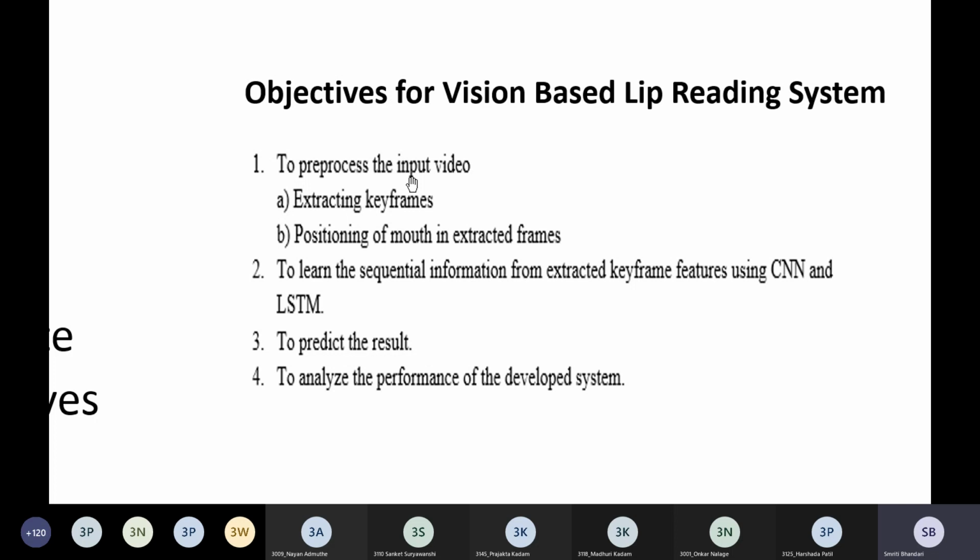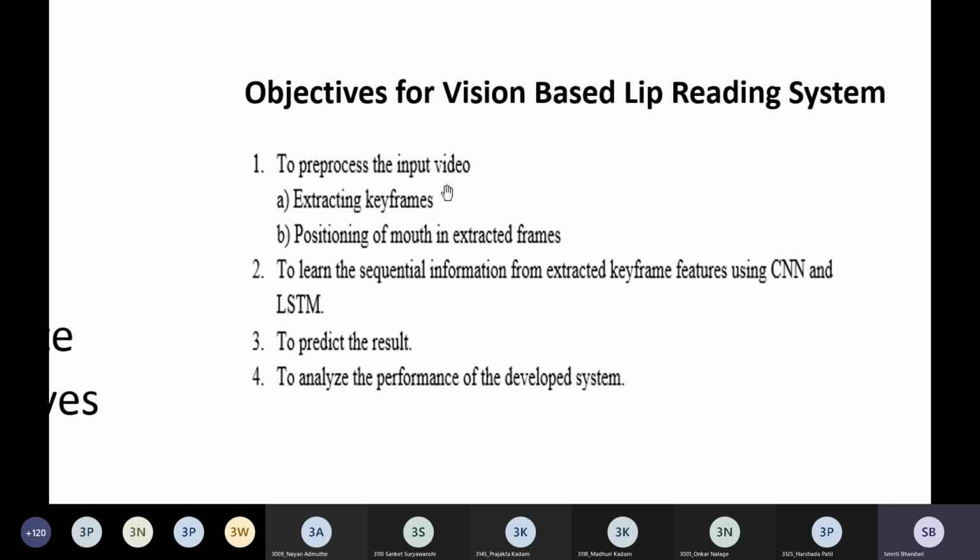To pre-process the input video. The input video is provided, but many times the video is not useful as it is for further processing.